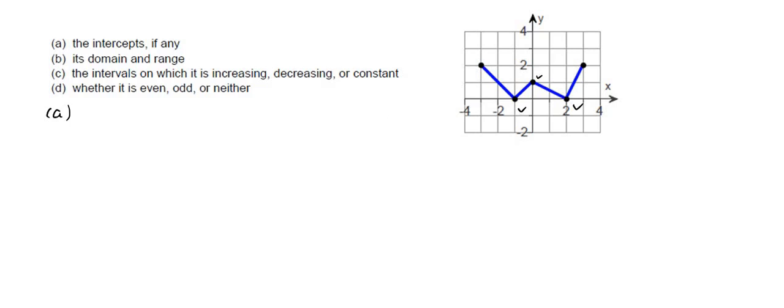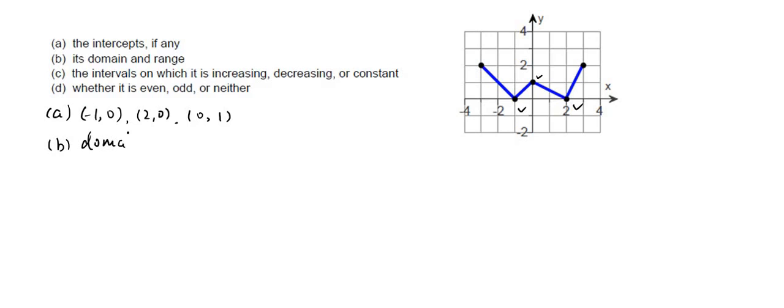So basically we have 3 intercepts. The first one is -1, 0. The second one is 2, 0, and the third one is 0, 1.